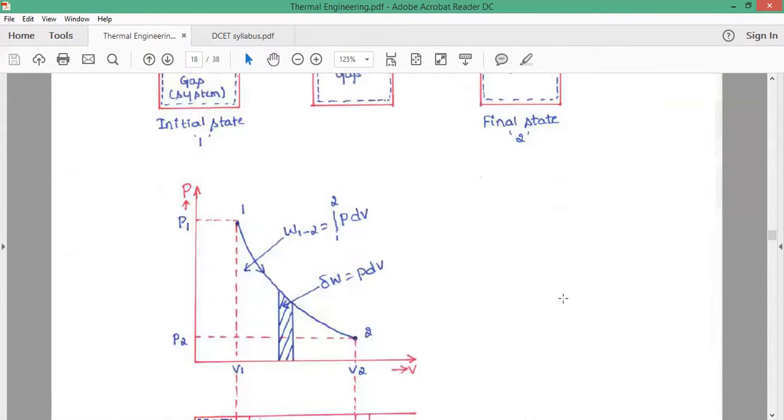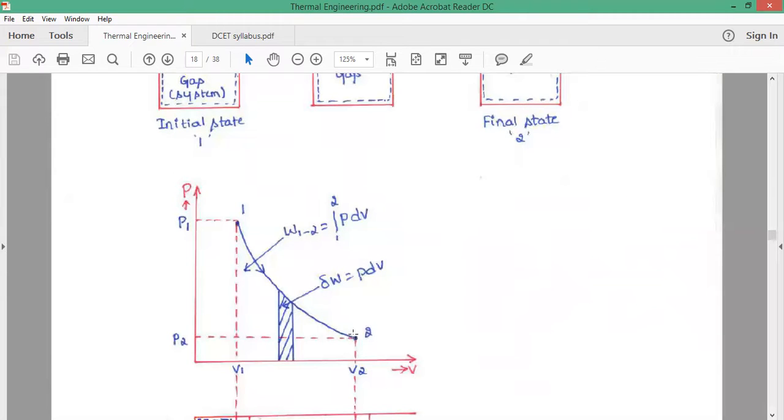Now, on a thermodynamic state diagram, that is the PV diagram, we can analyze this. Point 1 represents the initial state 1, where the pressure is P1, volume is V1. As the piston moves upwards, what happens to volume? Increases, pressure decreases. Now, this pressure and volume change like this.